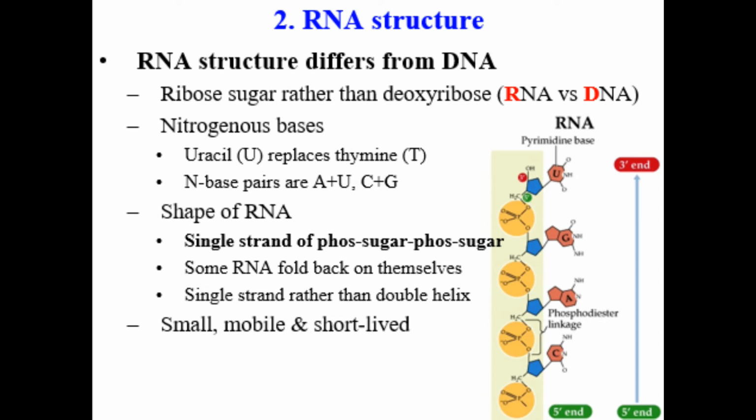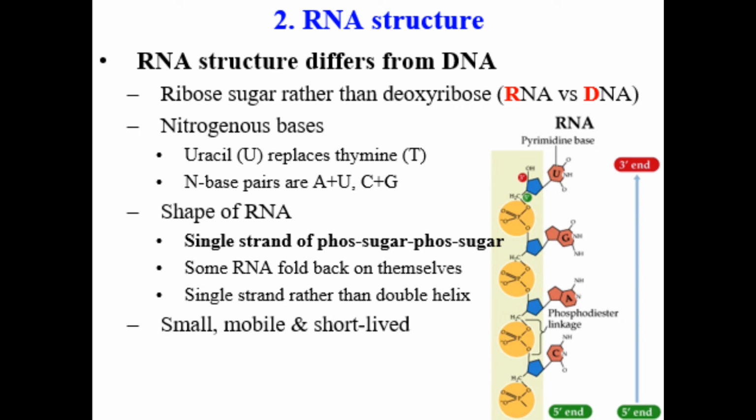And we saw that in DNA there were 4 bases, an A and a T and a G and a C. In RNA, there's also 4 bases, but there's a U, uracil, instead of a T. So there's no thymine, there's no T in RNA. It's replaced by this other type of base, a U. So then the pairing is still G and C, those match up, but instead of A and T being the pair, it's A and U in RNA.